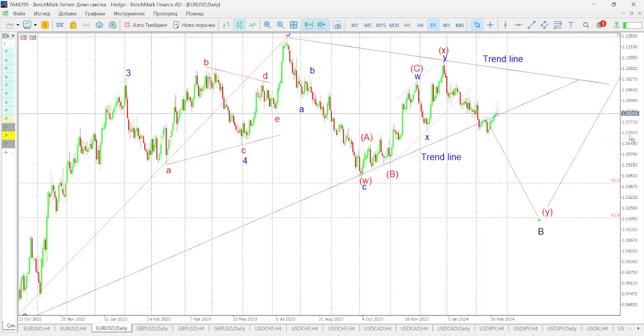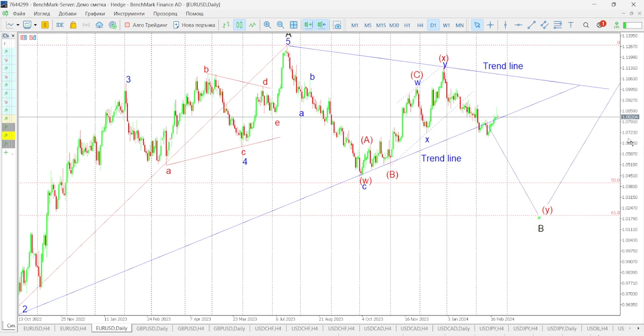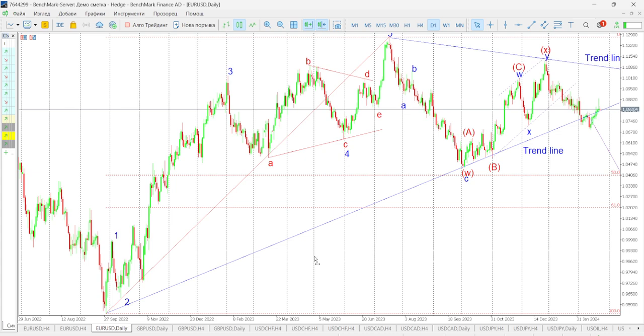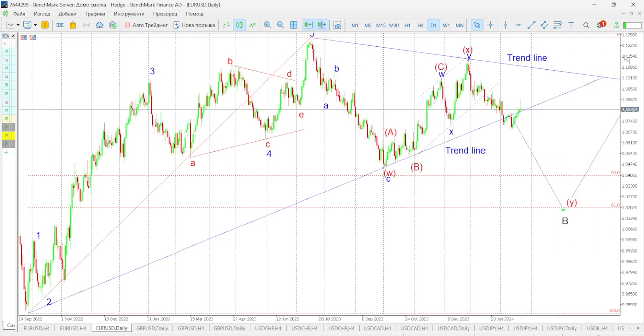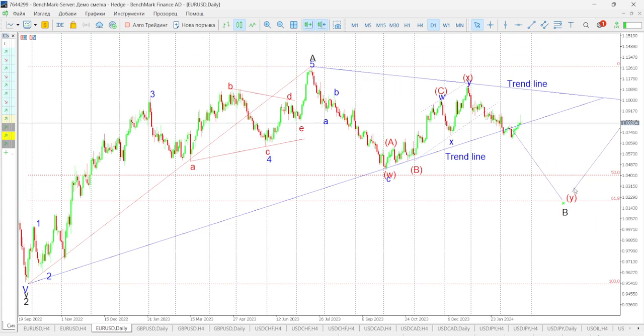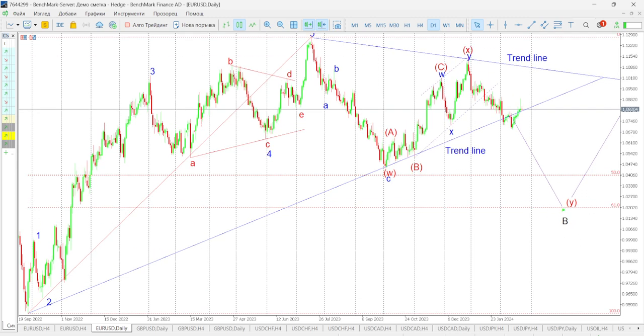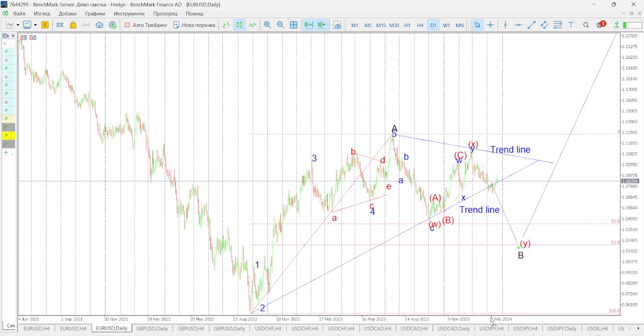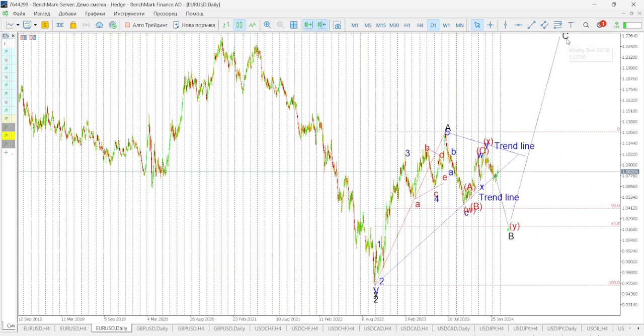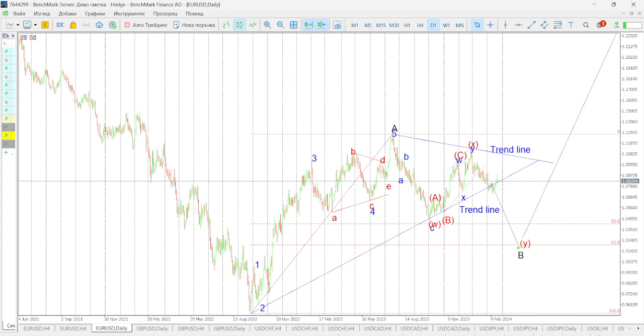As you can see here, I expect on a daily time frame, of course according to Elliott wave, to continue going down to finish wave Y. Maybe all this move is a wave A. Now we are going to finish wave Y and B, and after that I expect something like that, wave C. We'll see.